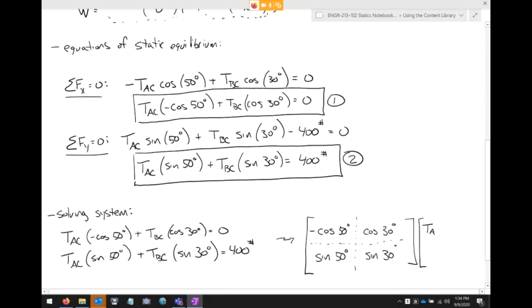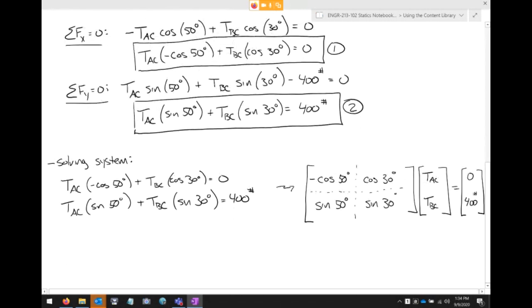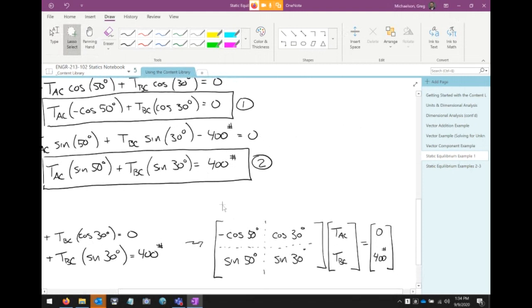And this is TAC, TBC equals, and then this is 0, 400. Let me see if I can move that over a bit so it's not too squished up there.